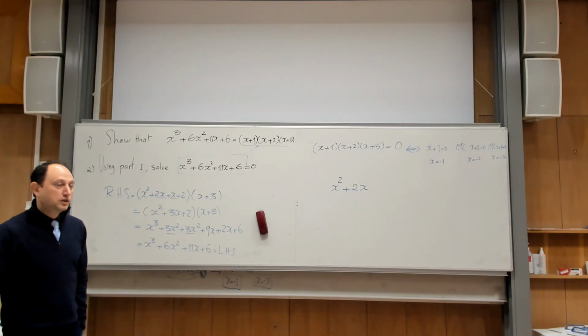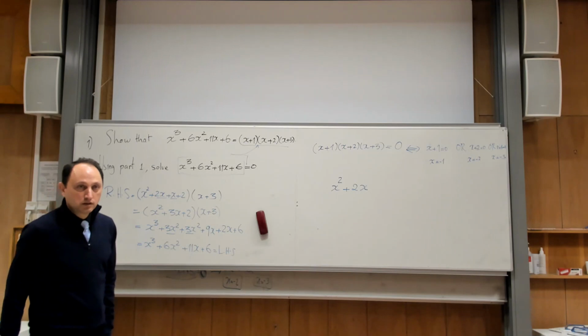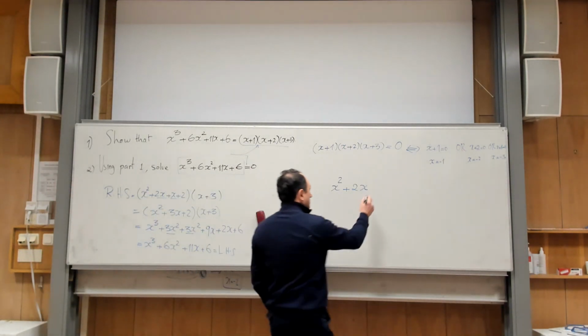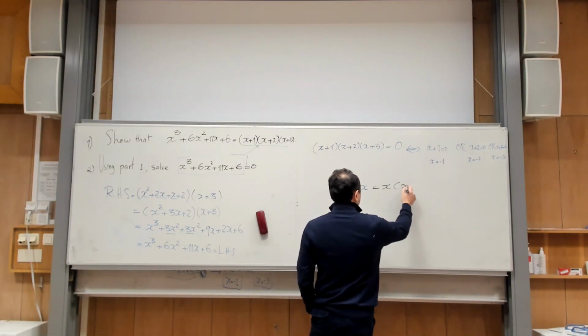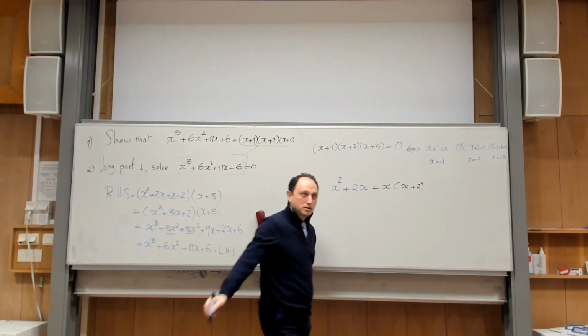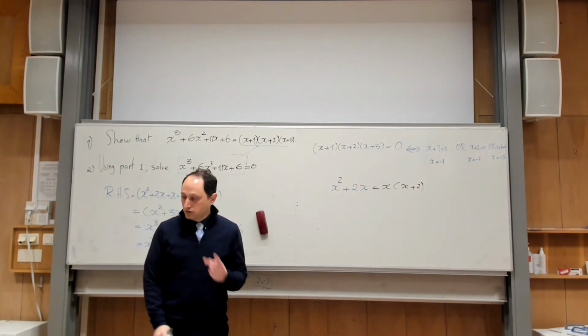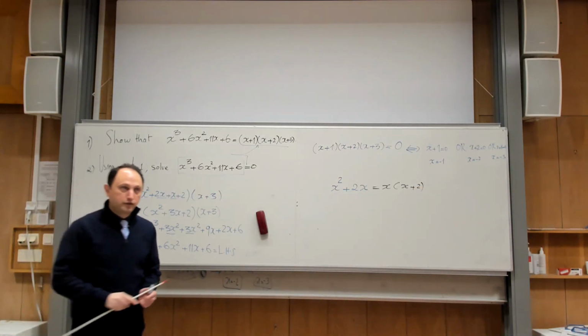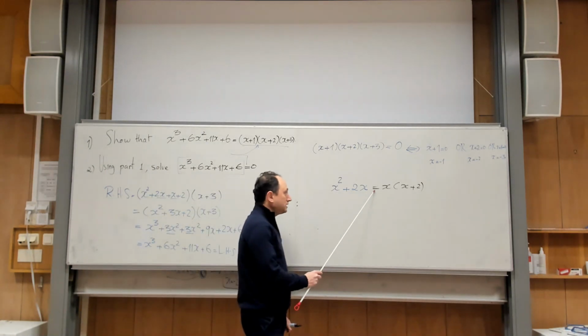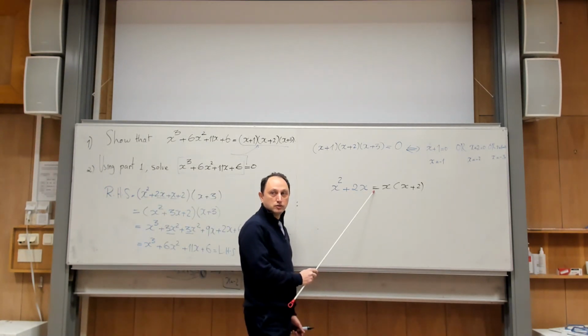So what can I do here? x times the parentheses x plus 2. Everyone agrees that this is a factorization. Why? Two things you need to check. First thing is this equality is really true. Is it true? Yes.